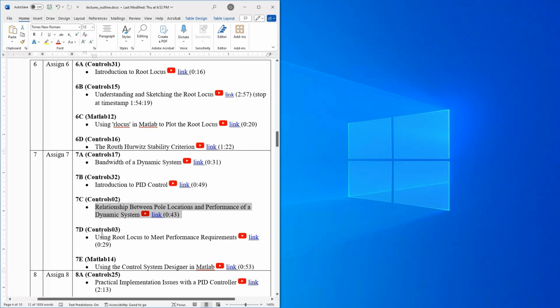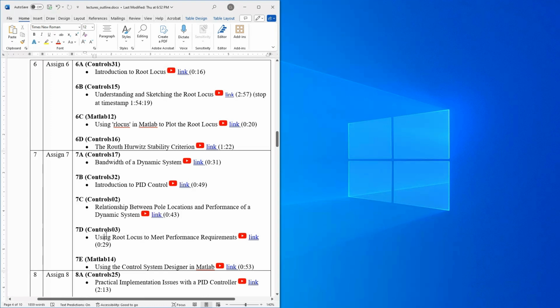So what this discussion is going to look at is what is that relationship between pole locations and performance criteria. Once we're able to do that, we're going to now marry that idea with root locus, right? Because this here is saying, hey, put your poles in a certain location, you will get certain performance. Root locus says, hey, if you vary a control parameter or a gain, you will move the closed loop poles to different locations as defined by the root locus.